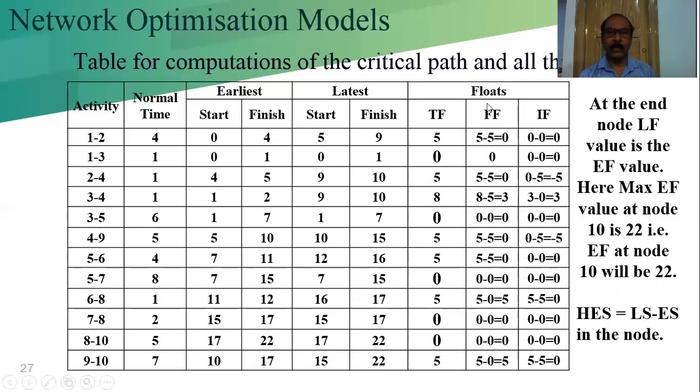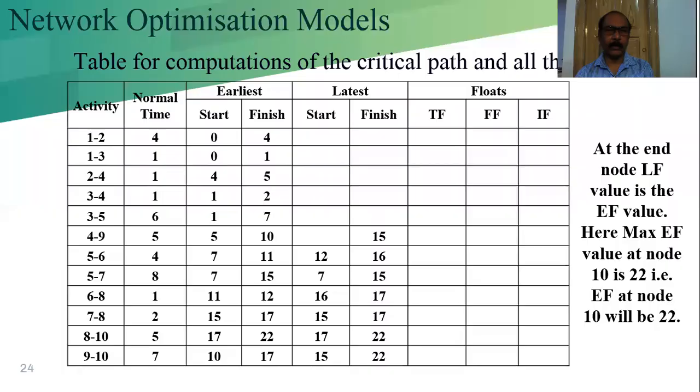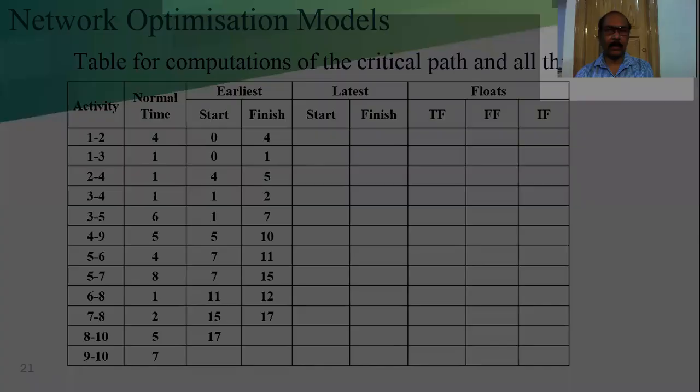Now we are calculating the free float. Free float is total float minus head event slack. Head event slack we will get from the maximum value. 9 minus 4, that is 5. So how do we get the head event slack? We have to go back to the diagram once.